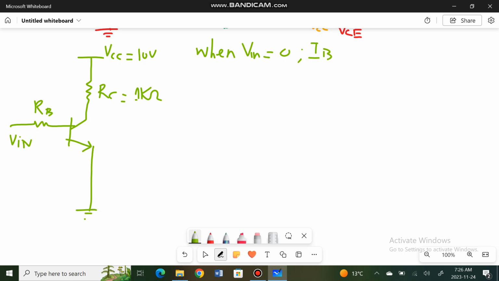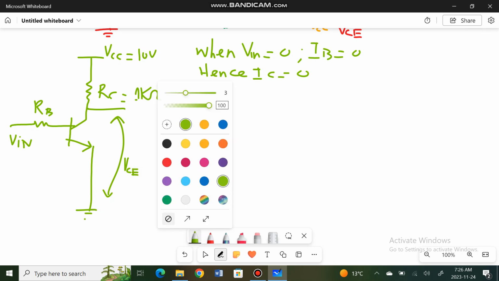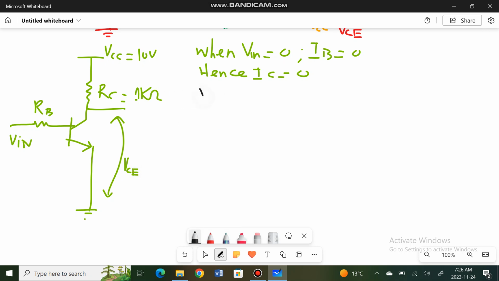Obviously there will be no base current, hence IC will be equal to 0 amperes, and the collector to emitter voltage, or the output voltage, which is VCE in this case, will be equal to VCC, 10 volts.